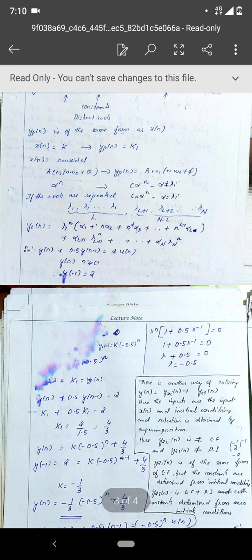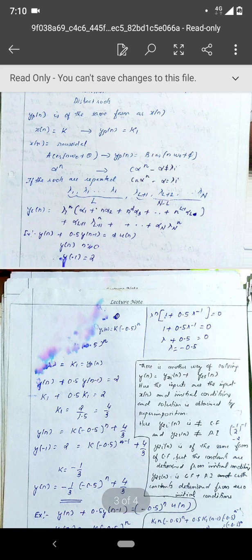So alpha 1 plus n into alpha 2, that is n raised to 1, plus n square alpha 3. Likewise, since we considered the first term as n raised to 0, the last term will be n raised to L minus 1 into alpha L. The last alpha will be alpha L, because L number of lambda 1 are there, so L number of constants will be there.